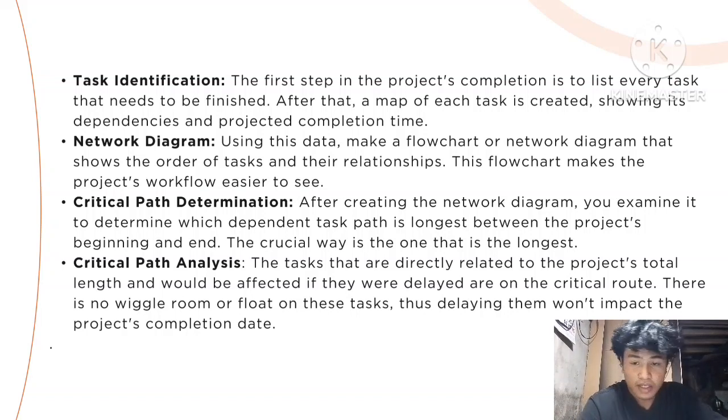Critical path determination. After creating the network diagram, you may examine it to determine which dependent task path is longest between the project's beginning and end. The critical path is the one that is the longest.